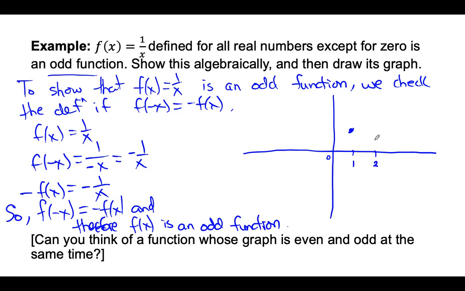We get 1 over 2, then 1 over 3, and so on. What about when x equals a half? You're going to get 2. Now, when x equals -1, we're going to get -1 here. X equals -2, we're going to get -1/2, etc.